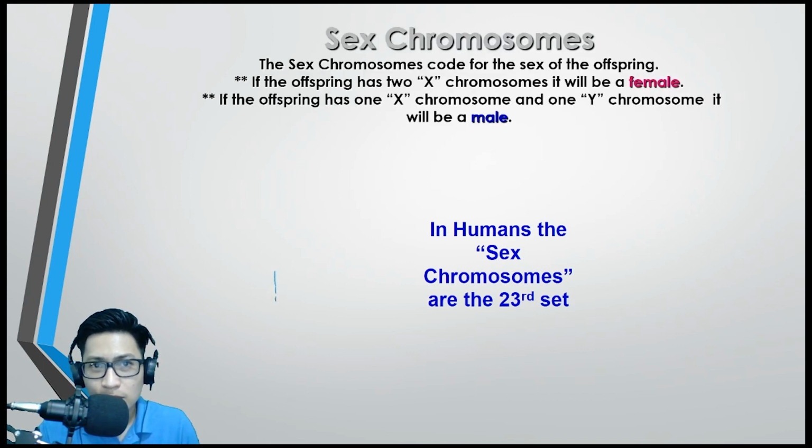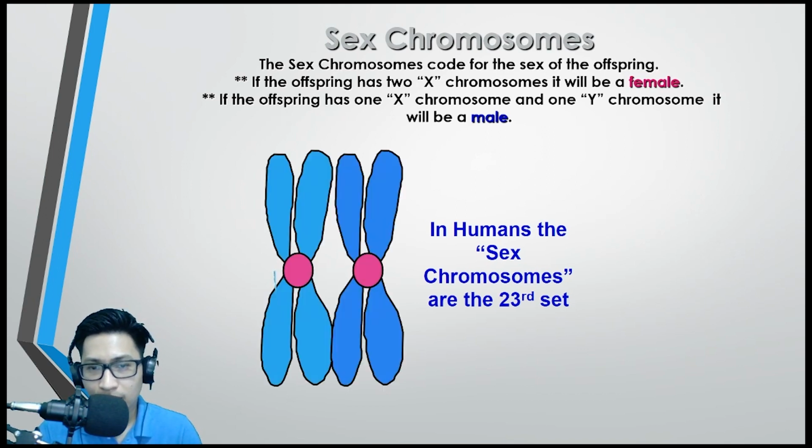Now, the sex chromosomes code for the sex of the offspring, yung magiging anak. If the offspring has two X chromosomes, it will be a female. If the offspring has one X and one Y chromosome, it will be a male.